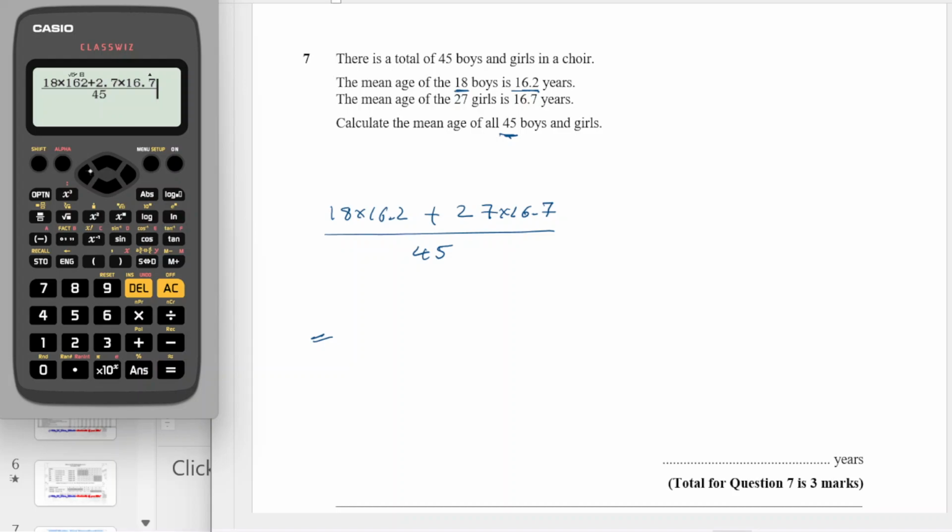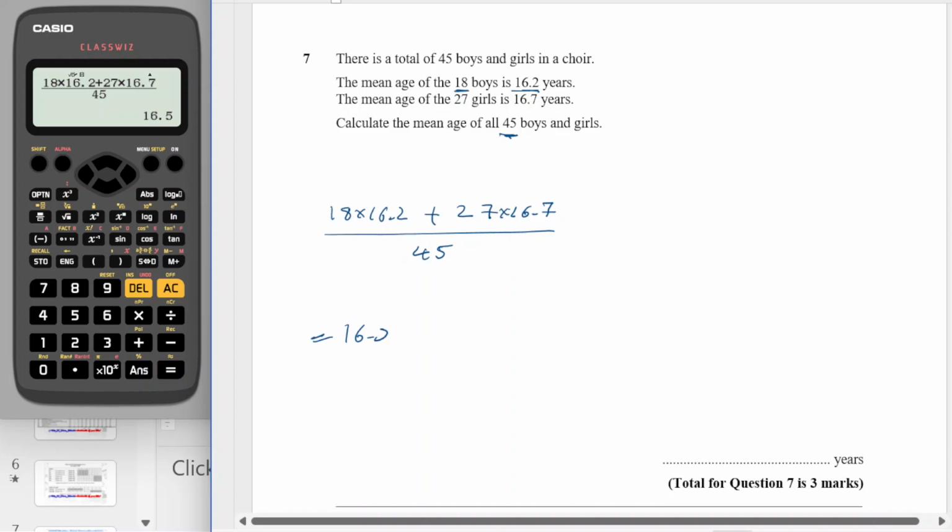I have typed something in wrong, I've typed in 162 rather than 16.2. So let's go back and change that. 16.2, and I've added a decimal there where I shouldn't have. That looks more like it, 16.5. So 16.5.